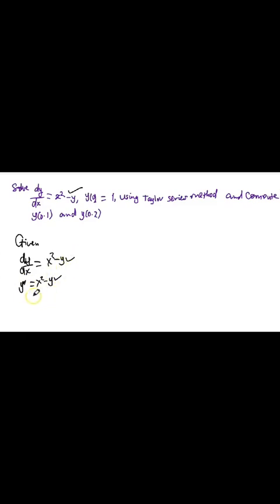So we can now find the second derivative. So y double prime is going to be, if you differentiate this, you simply have 2x minus y prime, because if you differentiate y, you simply get y prime. Let's look at the third derivative. So this becomes 0.